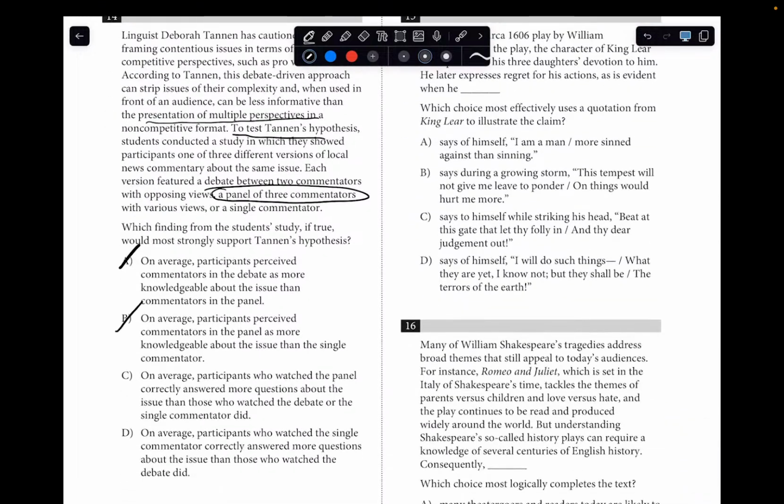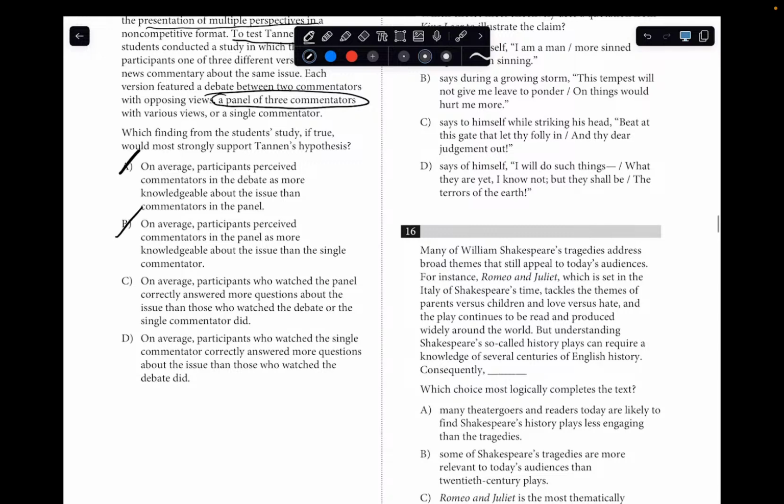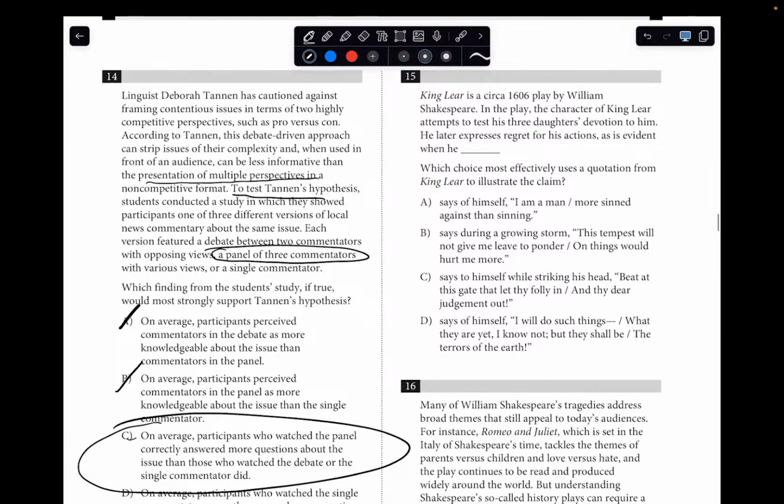C, on average, participants who watched the panel correctly answered more questions about the issue than those who watched the debate or the single commentator did. Definitely C, right? Because that directly supports her hypothesis that was presented in the passage, in that people with multiple different viewpoints in a panel format, the audience is more closely able to discern the validity of what's being discussed.